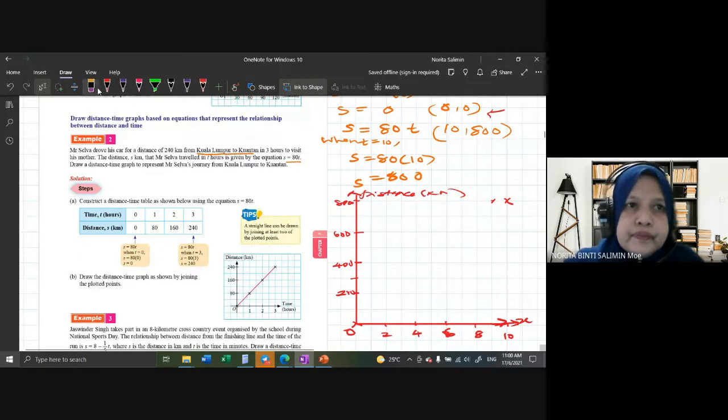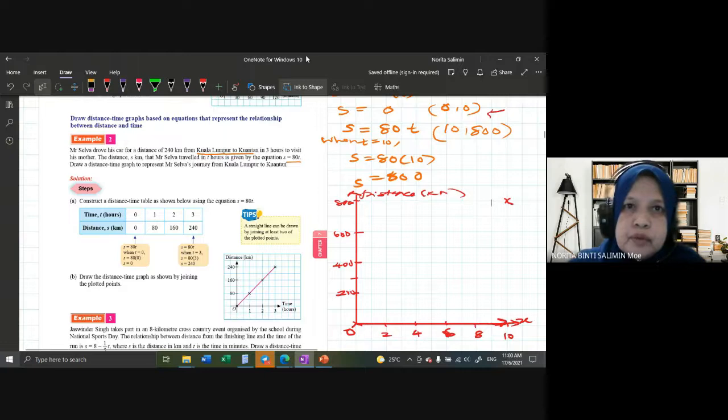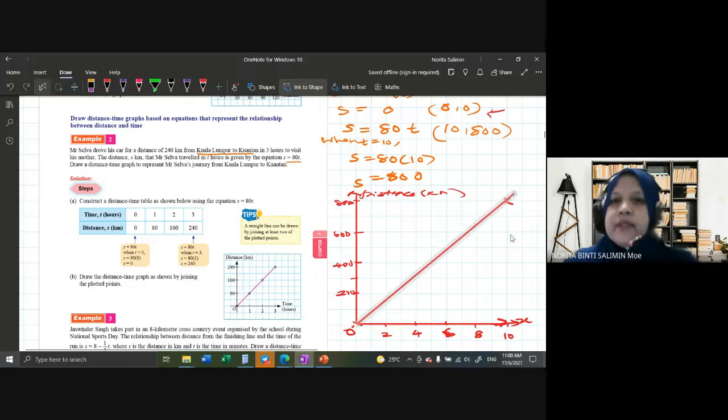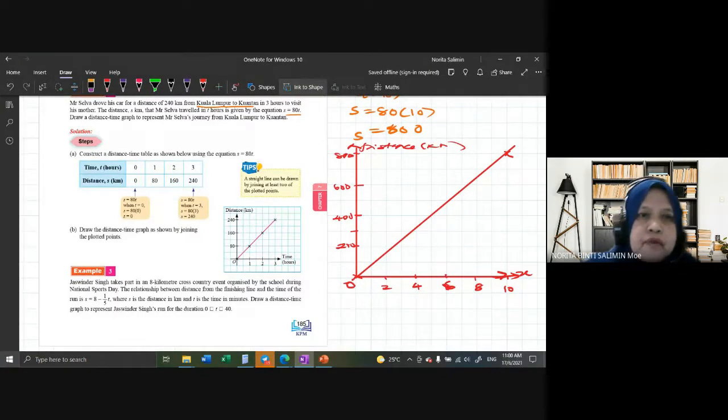Use a ruler. You have to use a ruler and then draw a straight line. This is the straight line for Mr. Selva's journey from Kuala Lumpur. This is 0, where he starts from Kuala Lumpur, to Kuantan.